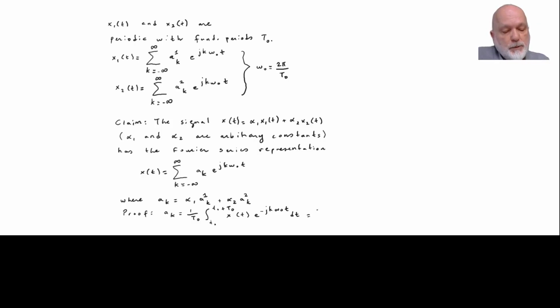So this is equal to 1 over t0 integral from t0 to t0 plus capital T0, then here we have alpha 1 x1 of t plus alpha 2 x2 of t, e to minus jk omega 0 t integrated with respect to t.